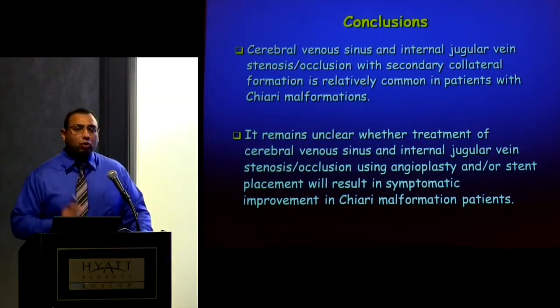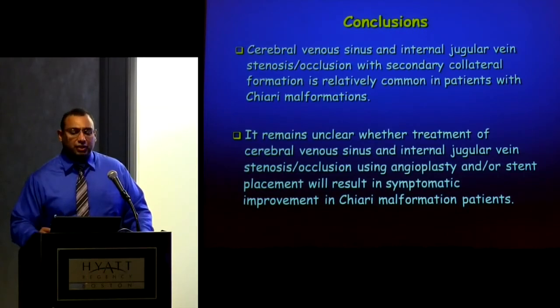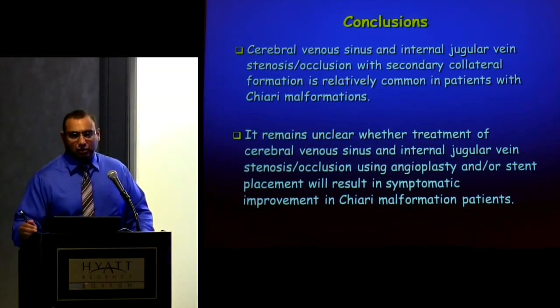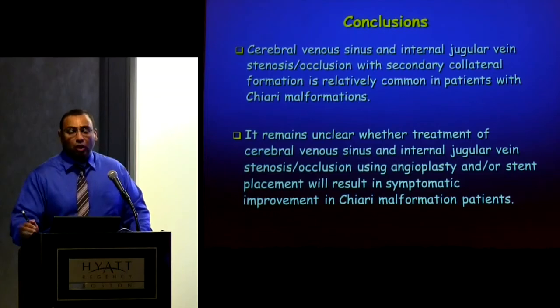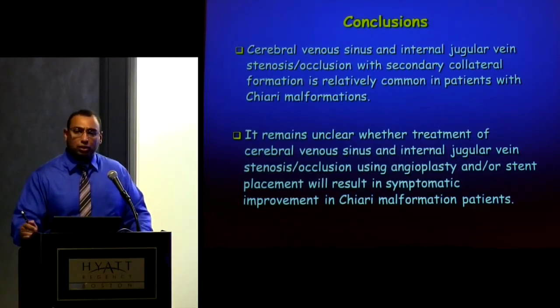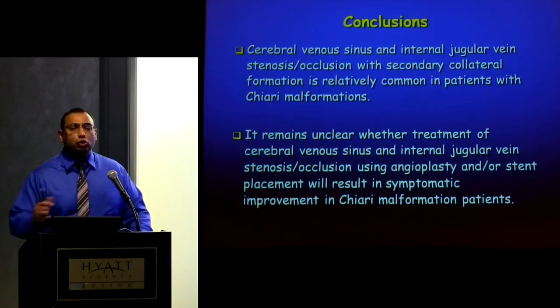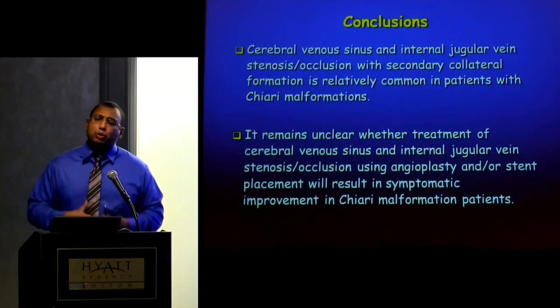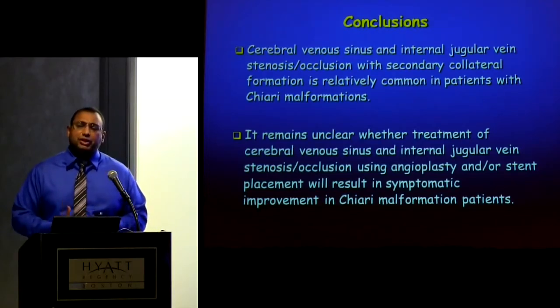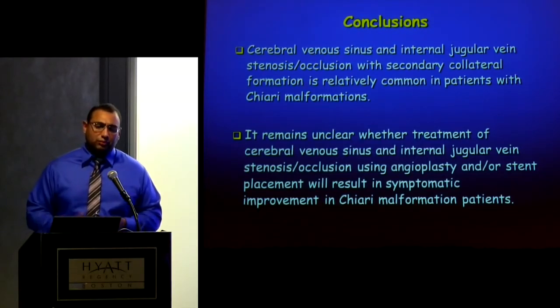But what we don't know is whether treatment, which is available today, of these stenoses or occlusions, actually improving the lumen diameter of these narrowed or occluded venous vessels, can result in symptomatic improvement in patients with Chiari malformations.